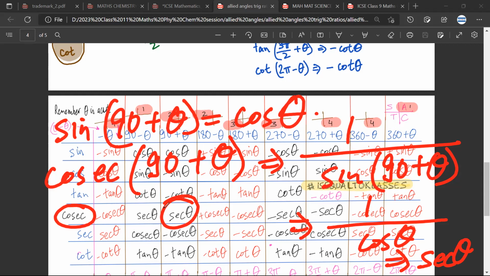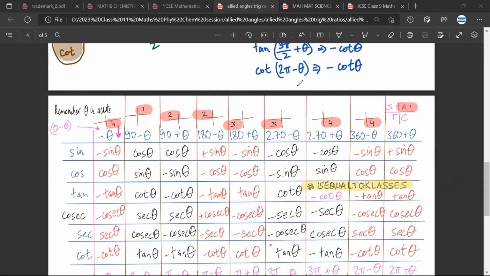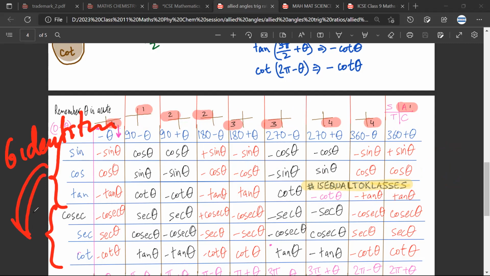Have you understood? So the point is, let me reiterate, these three can be calculated using the six identities, and these three can be calculated using the results of the above three.